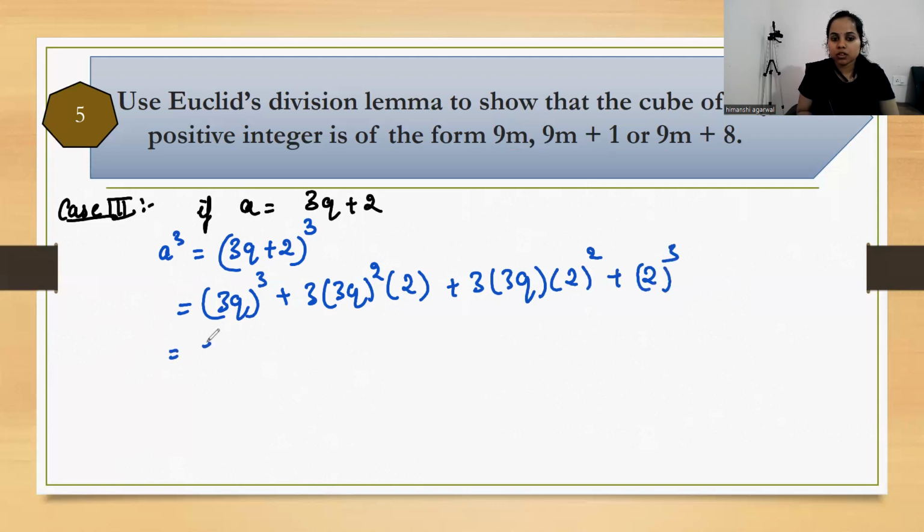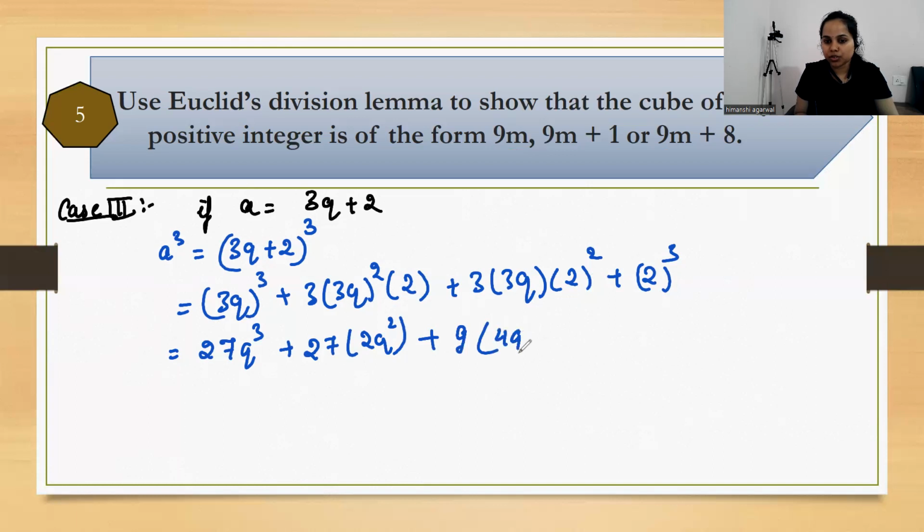This will be equals to 27q cube. This will be 27 into 2. So I will write this 27 into 2q square. Why I'm writing? Because taking 9 common from 27 will be very easy. It will be 3 3 is 9, 9, and this will be 4q and 8.